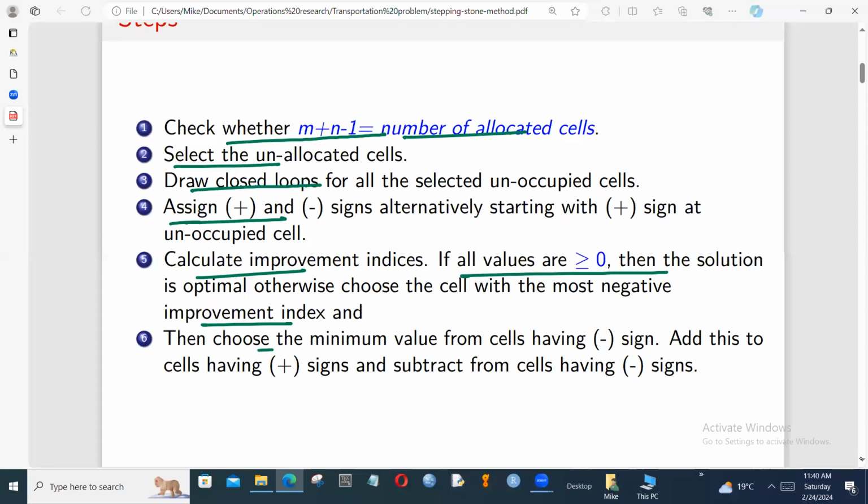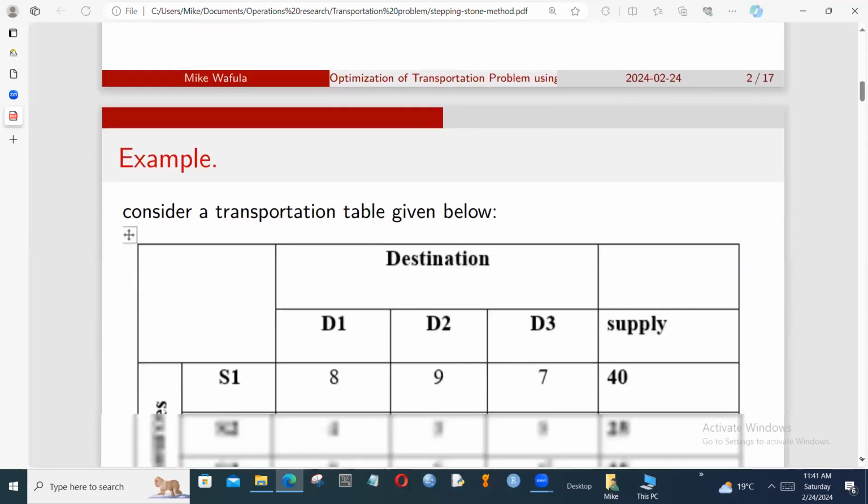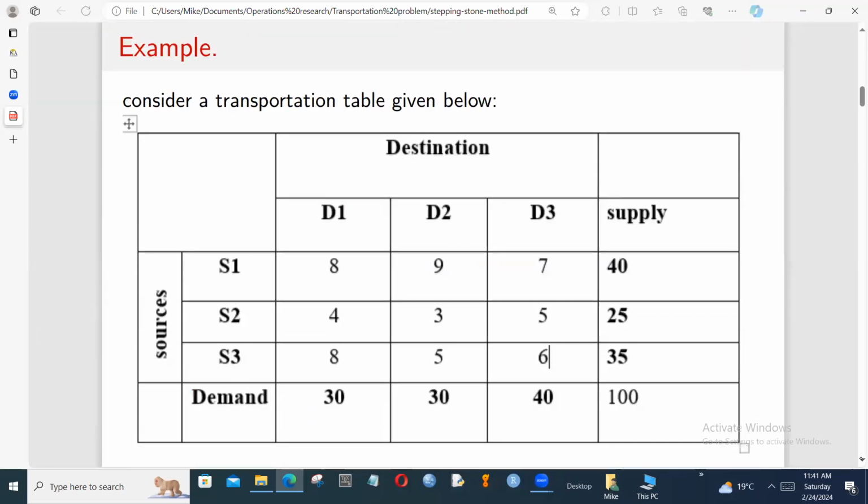Then choose the minimum value from the cells having negative sign, add this to the cells having positive sign, and subtract it from the cells having negative sign. Actually, this procedure is just the same as what we had in MODI method. And so stepping stone method is full of loops right from the start to the end and has very few computations. And so we shall begin by having an example just to help us demonstrate this.